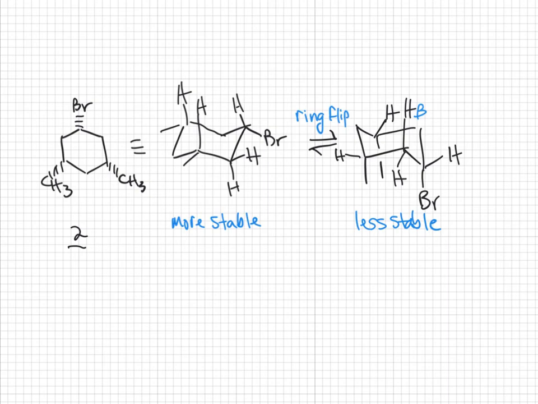Because there are no beta protons anti to the bromide, a ring flip must occur. Only after conformational change to the less stable conformer can elimination occur. The rate of reaction of compound 2 is therefore slower because of the higher energy of the transition state of the E2 elimination.